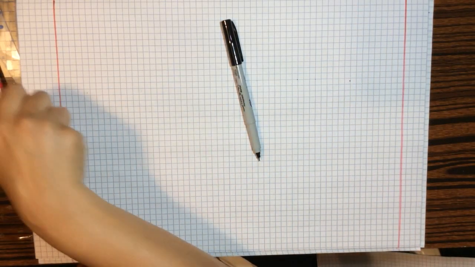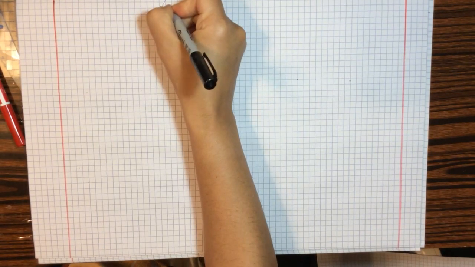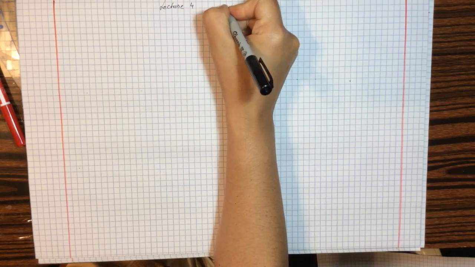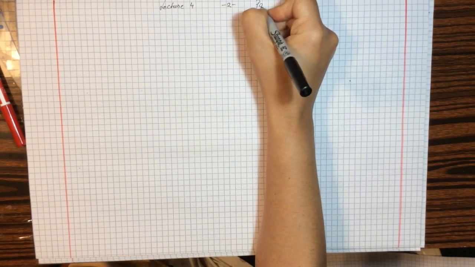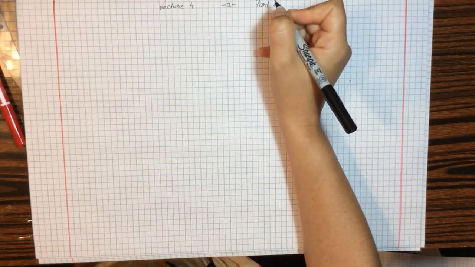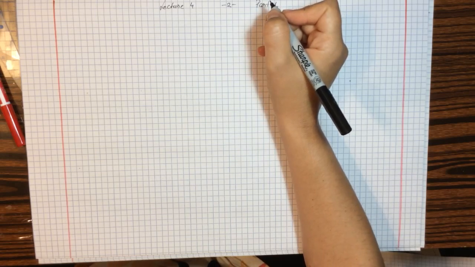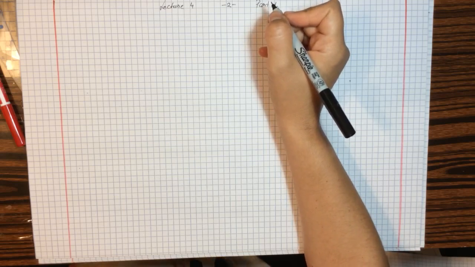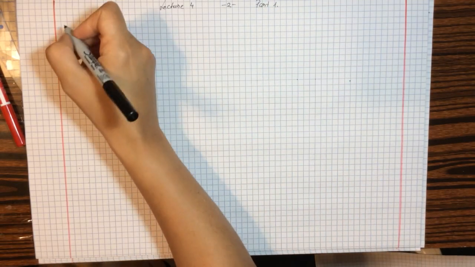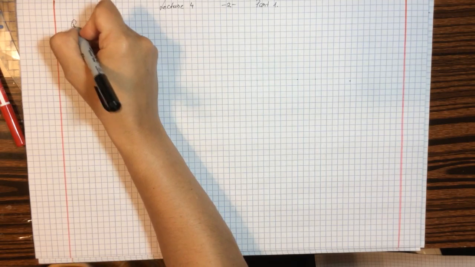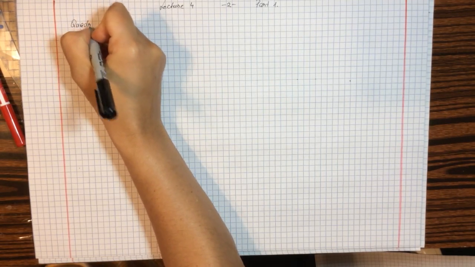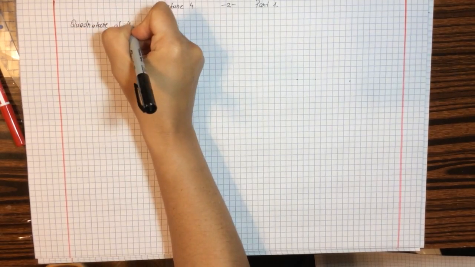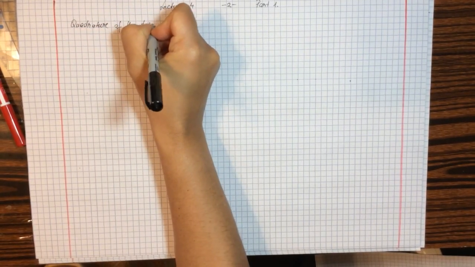So this would be page 2, still part 1. So now I'm going to demonstrate the quadrature of the triangle.